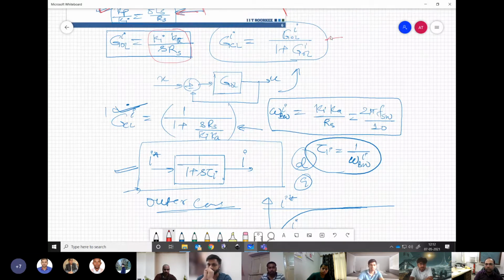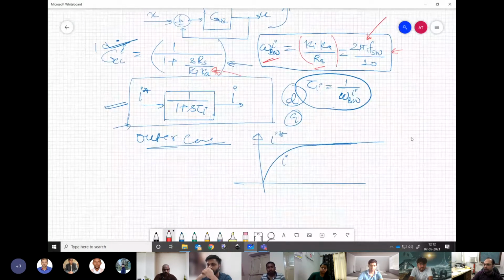Then we can write the closed loop transfer function, and whatever is the coefficient of S, that corresponds to the bandwidth of the system. So S by whatever you get over here is the bandwidth of the system, which we equate to 1/10 of 2 pi times the switching frequency. That is clear, right? There is no confusion in this.